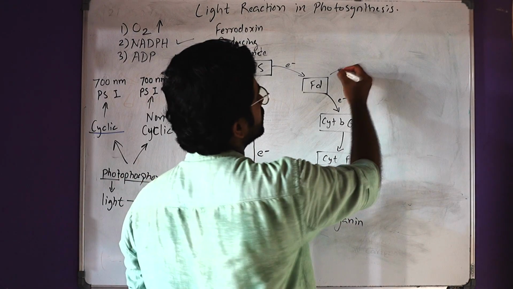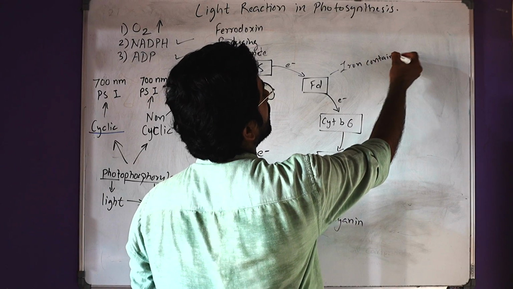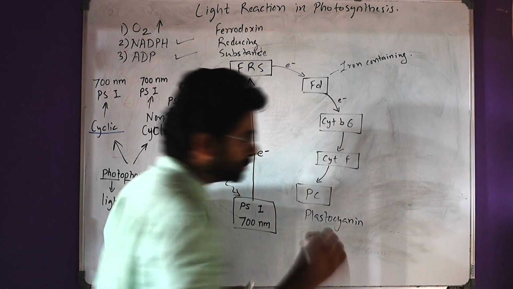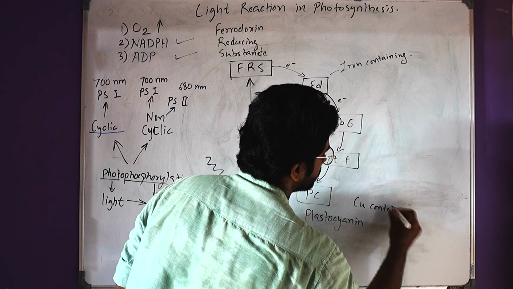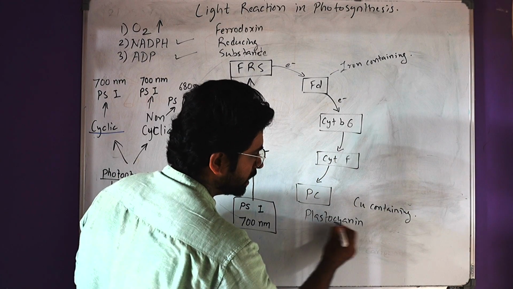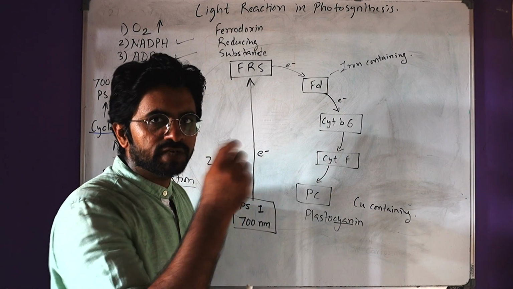Ferredoxin is an iron containing compound and plastocyanin is a copper containing compound. CYAN means blue, like cyanobacteria, blue green algae.